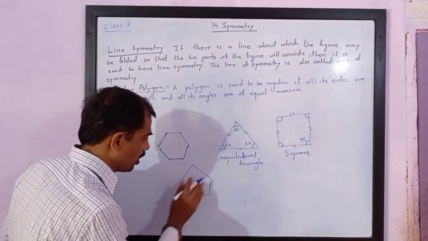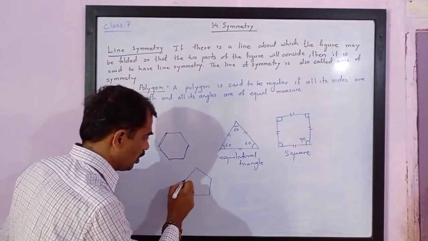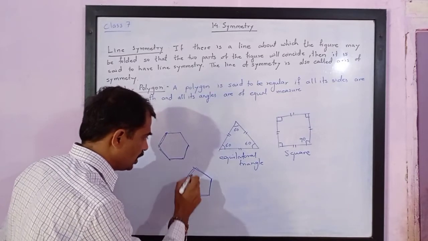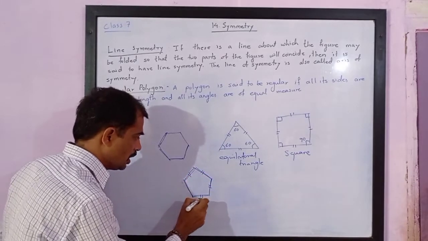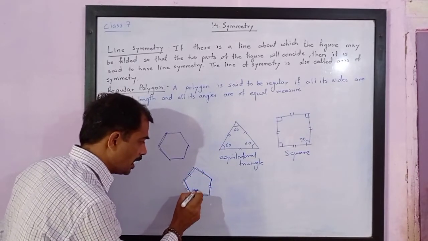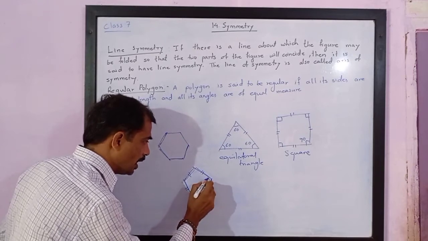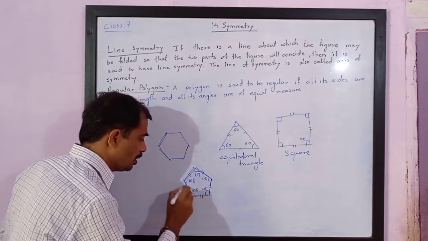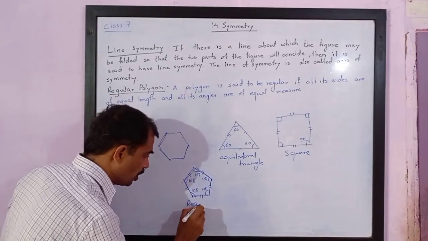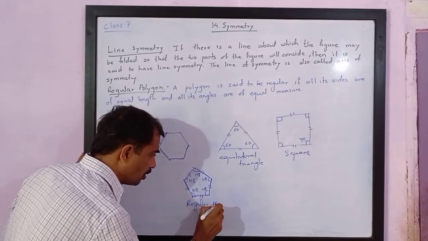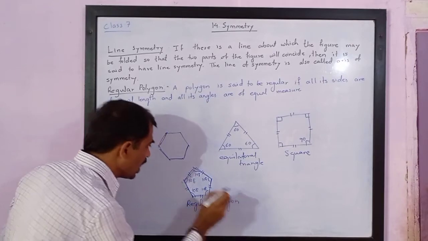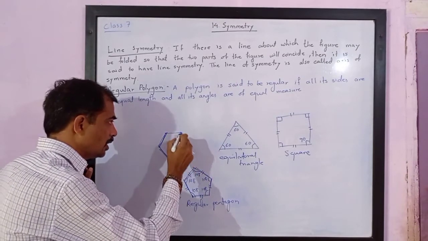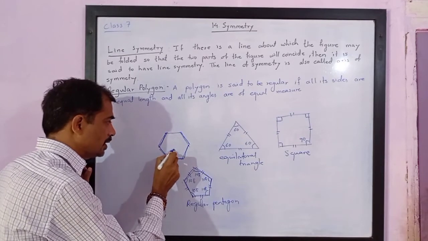Then if you take a pentagon whose all sides are equal, you will notice that all its angles are 108 degrees. It means this is also a regular polygon. It is called a regular pentagon. And if you take a hexagon which has all sides equal, then you will notice the angle is 120 degrees.